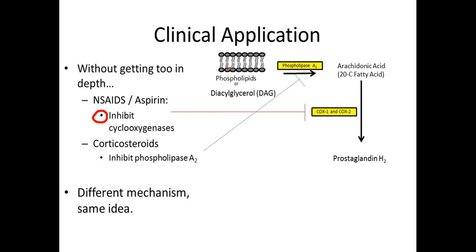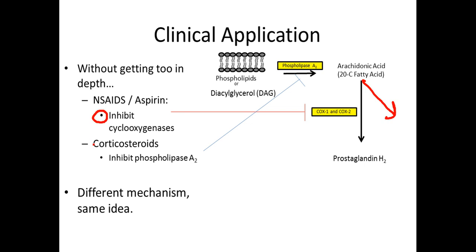We have our triglycerides or phospholipids with our hydrocarbon tails. They get broken down into arachidonic acid, and then they get further processed by our cyclooxygenases. Then we also have our lipoxygenase pathway over here. Our NSAIDs and aspirins are going to block our cyclooxygenase 1 and 2 enzymes, so we're not going to produce as much prostaglandin.